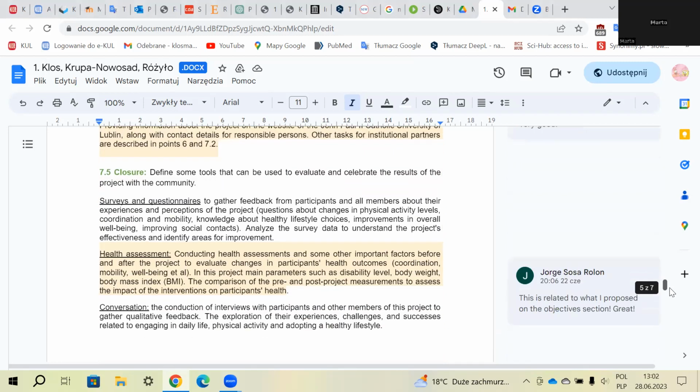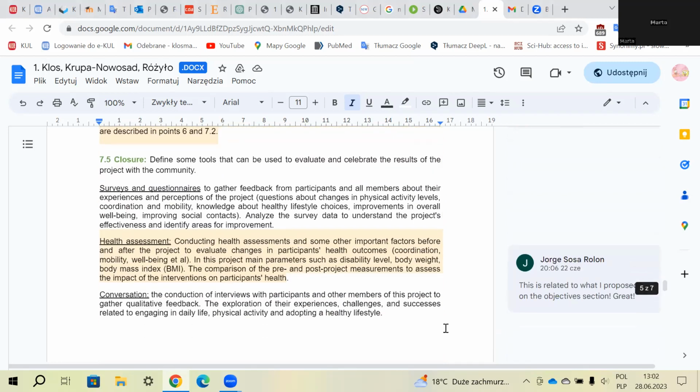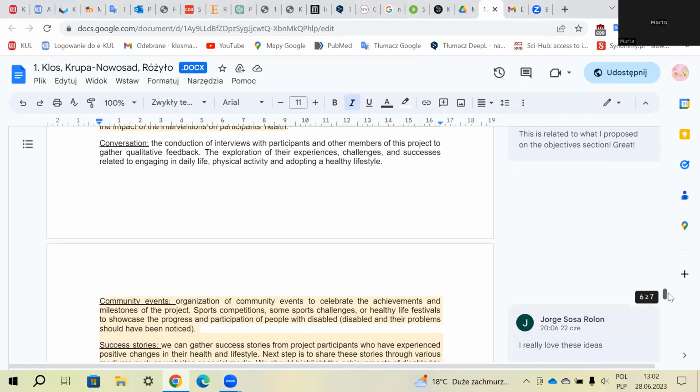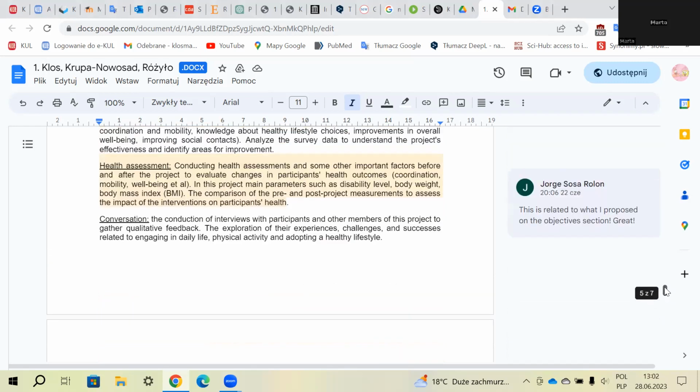And to close, to see the results, as I said, surveys and questionnaires to get feedback, a really simple health assessment like coordination, mobility, well-being, and BMI to see the results of our project, and of course conversation. It is also a good solution to see feedback.